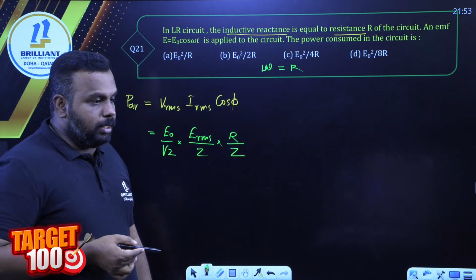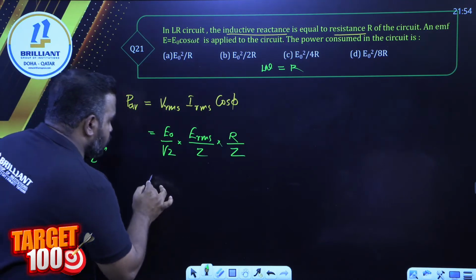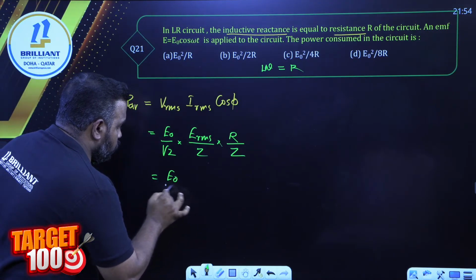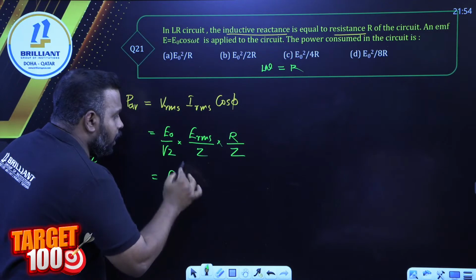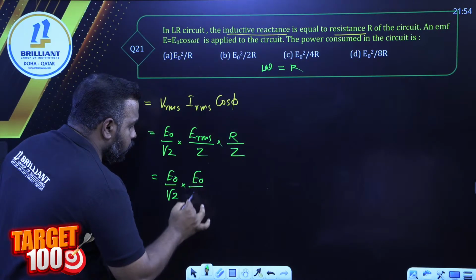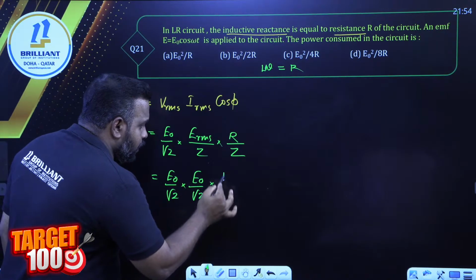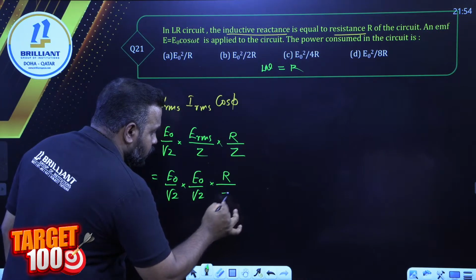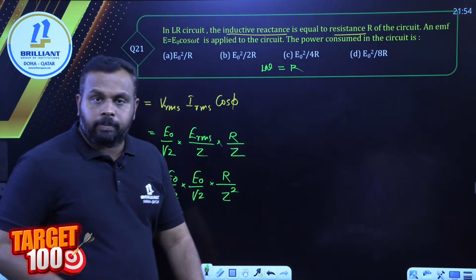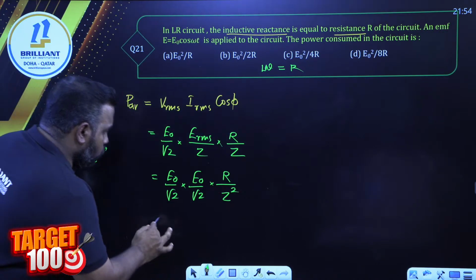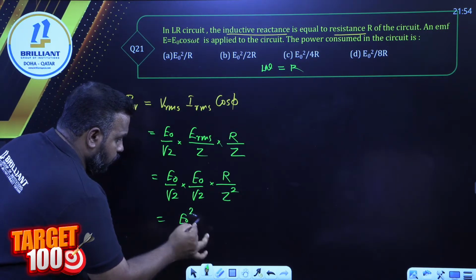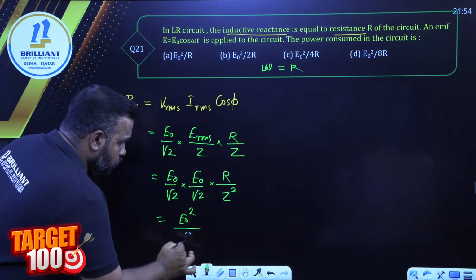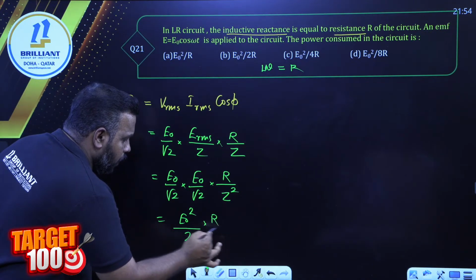R by Z. Okay, so let's substitute E RMS, which is again E naught by root 2, into R by Z into Z, which is Z square. So E naught into E naught is E naught square, root 2 into root 2 is 2, into R by Z square.